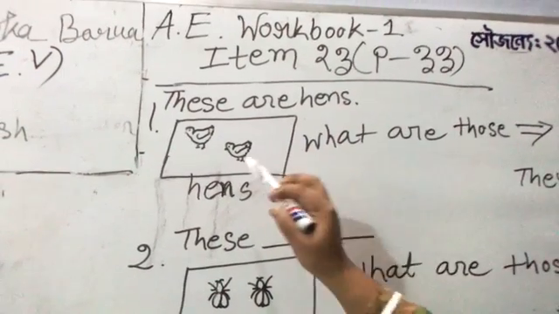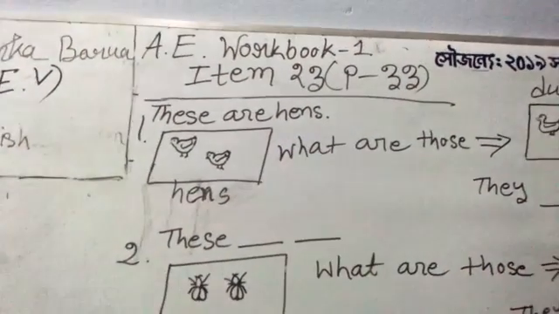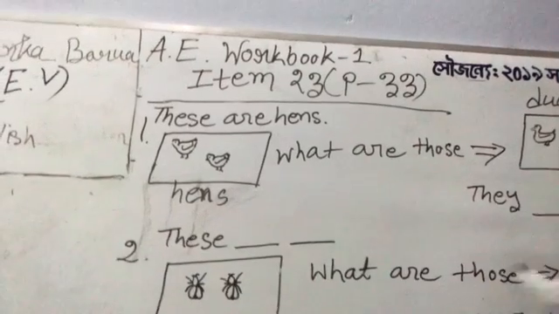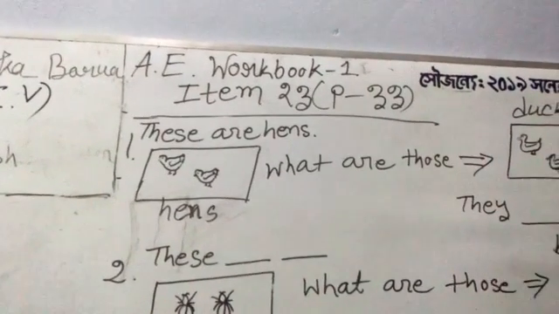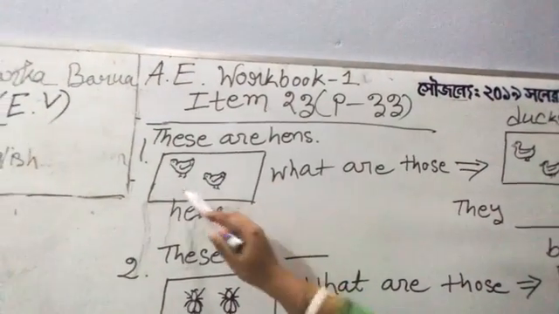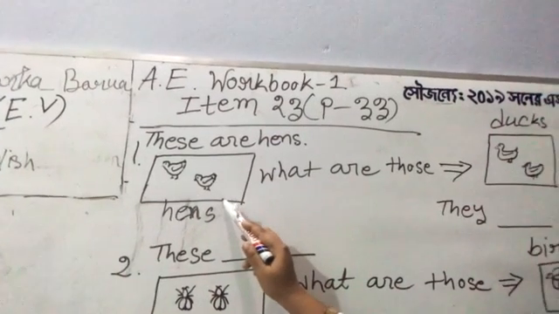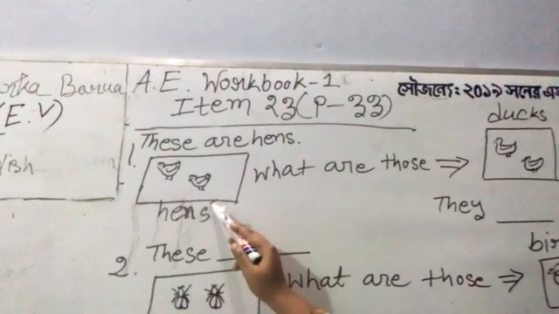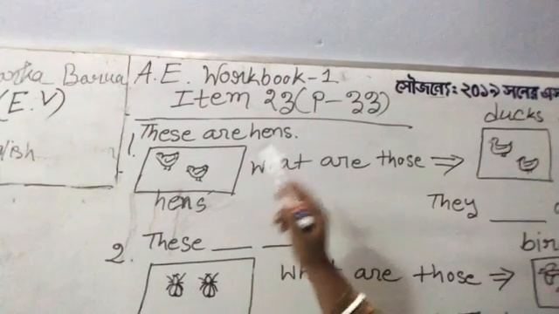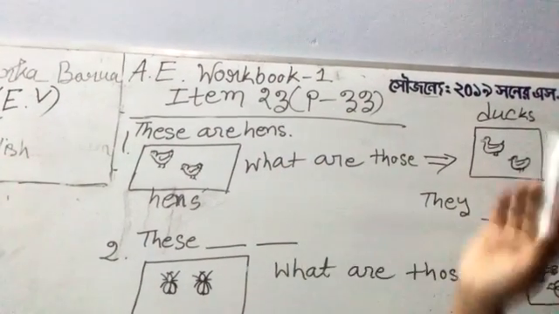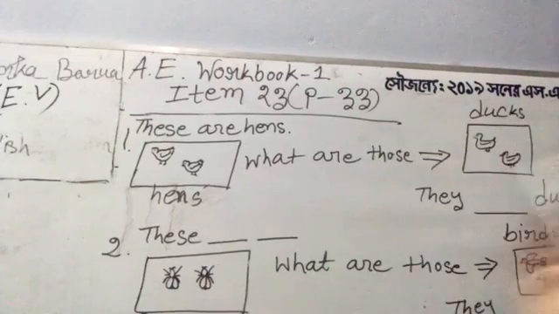Here are some pictures of different types of objects or animals, and you have to write the name of the animals. Like, these are the hens. You have your book with you, so please match the pictures with your book, whether Miss is going right or not.